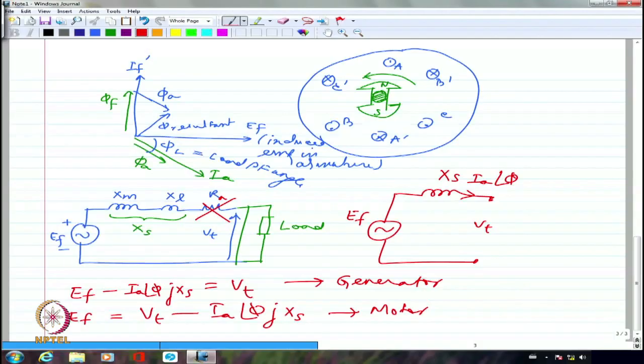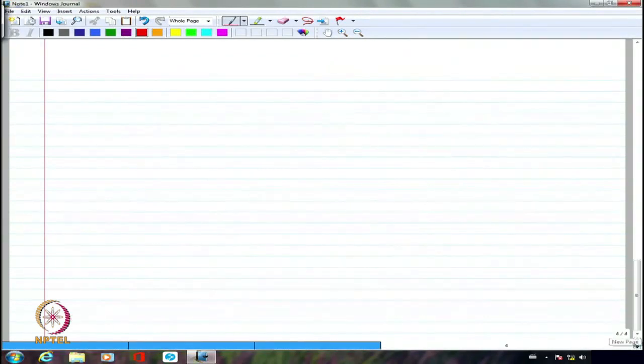Now, if I draw the phasor diagram for this machine, Ra is generally very, very small. If Xs is like 100%, Ra may be 1% or even less. So, when we are looking at Ra plus jXs, Xs dominates heavily over your Ra.